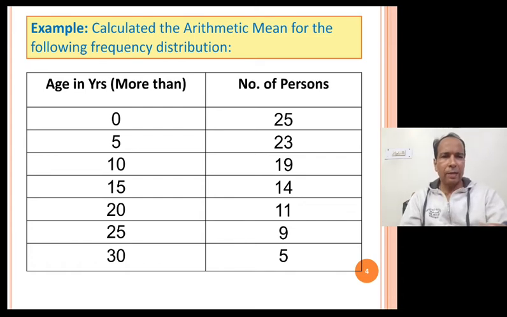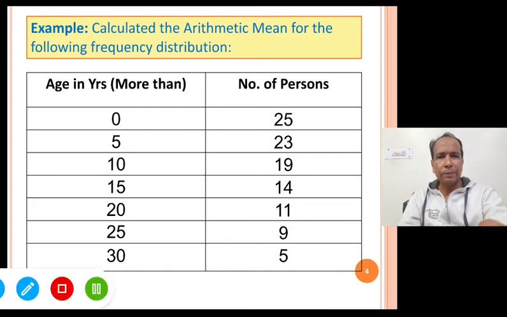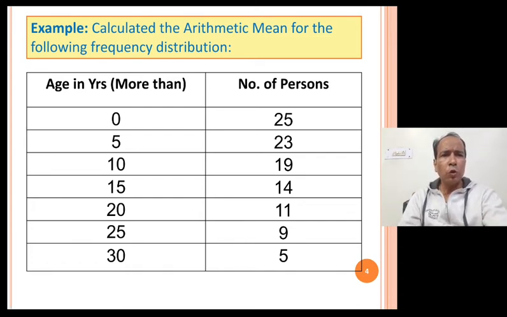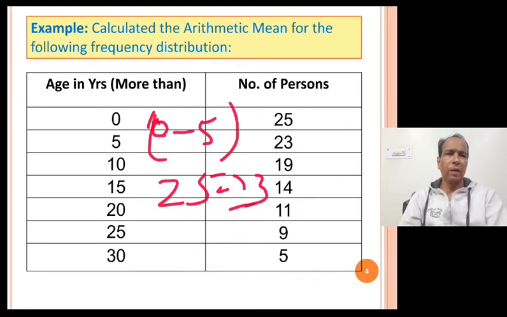We will get the value that is of 0 to 5. How can this class be calculated? Just by reducing 23 from 25. So that's how we can get it.